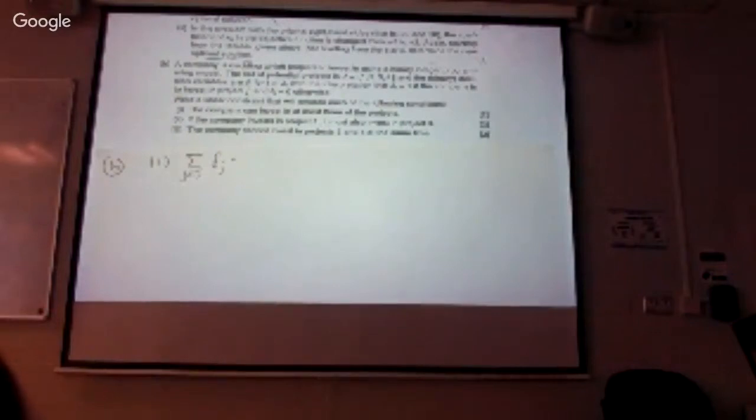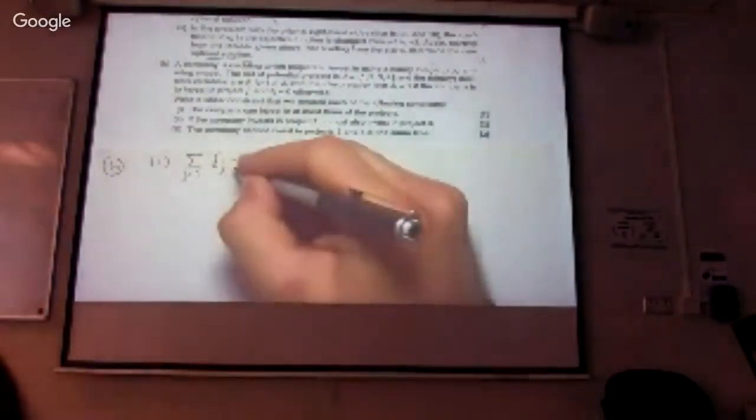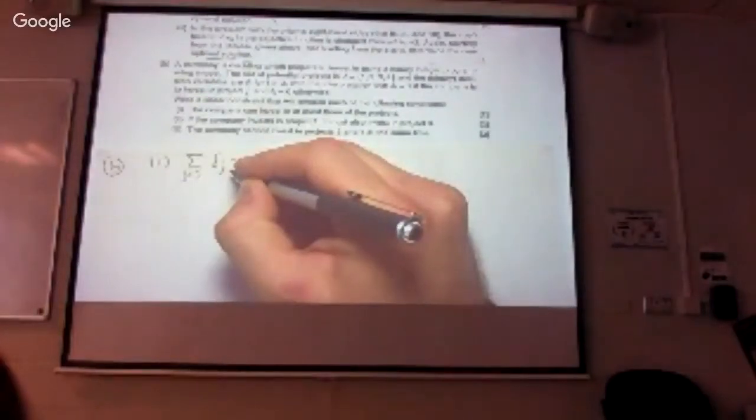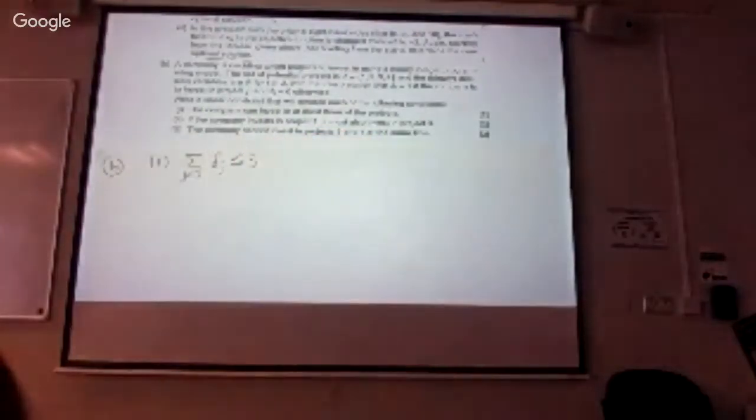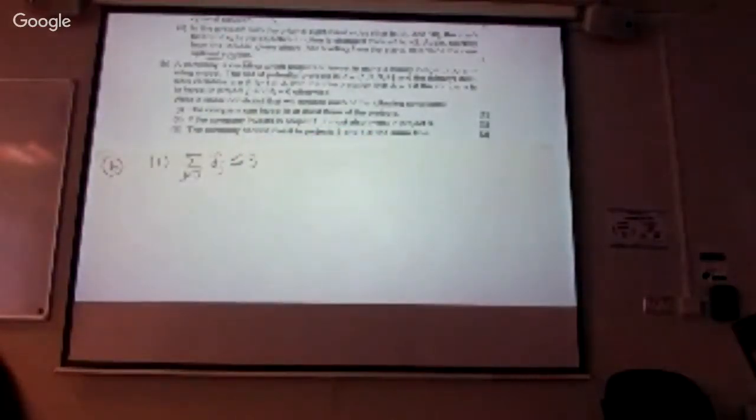Oh, 3. Equals 3. Yes, plus 2 equals to 3. Exactly. Okay. Well, get the idea. Just be careful what it actually says.